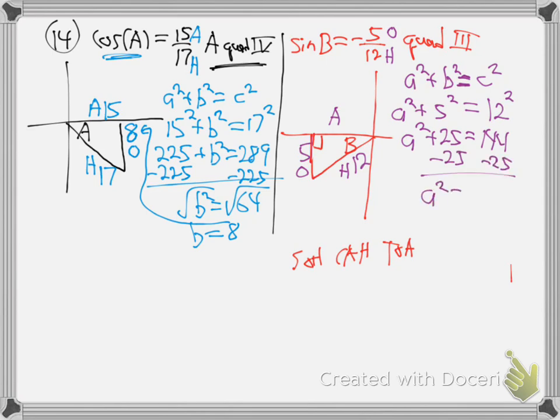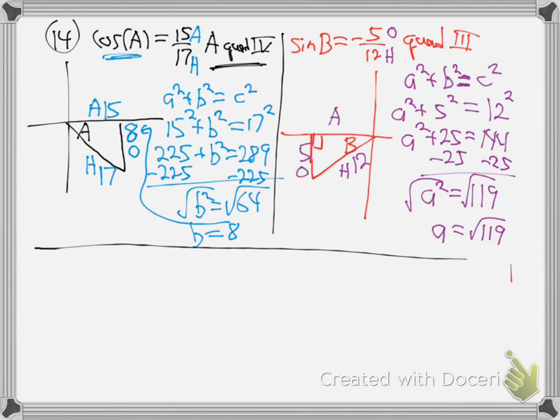Subtract 25, a squared is 119. Root it. A is the root of 119. Are we good to there? We good. So we just did double triangle. We're about halfway there.